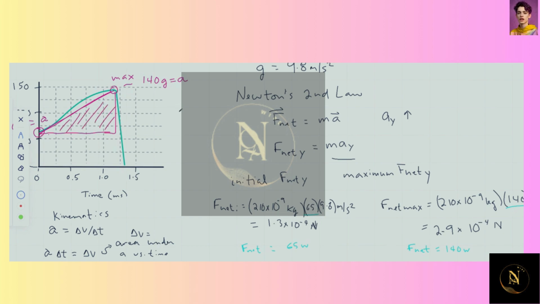And so it's the base times the height, and we need to estimate the base. So the base is the time at which the maximum occurs, and we'll estimate that. Time max, kind of just eyeballing it, it's a little bit less than 1.25 milliseconds. We'll call it 1.15 milliseconds, just to have something to work with.